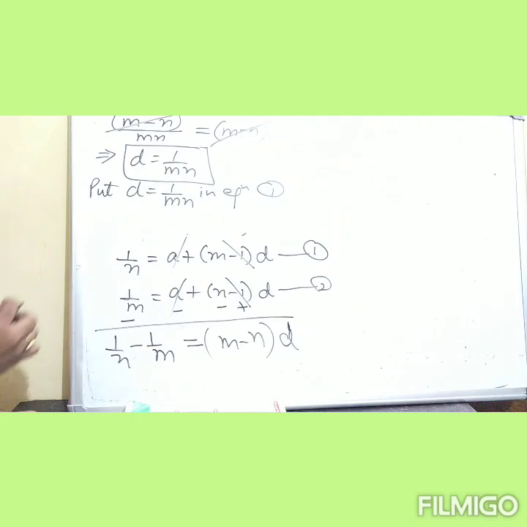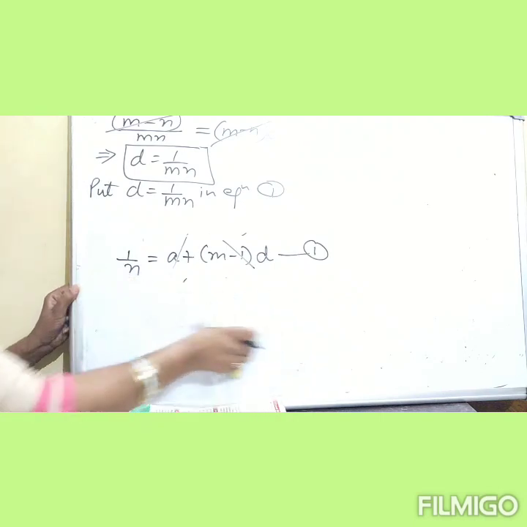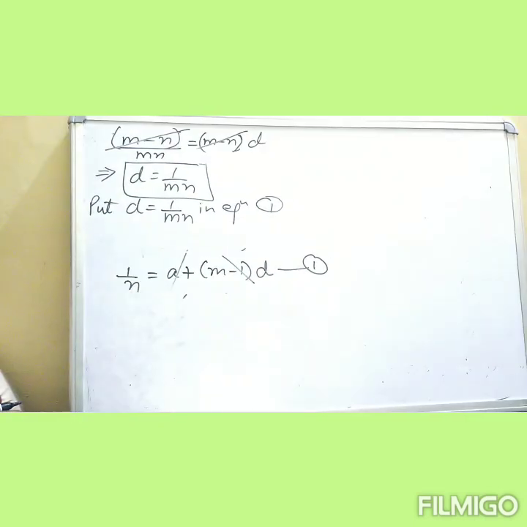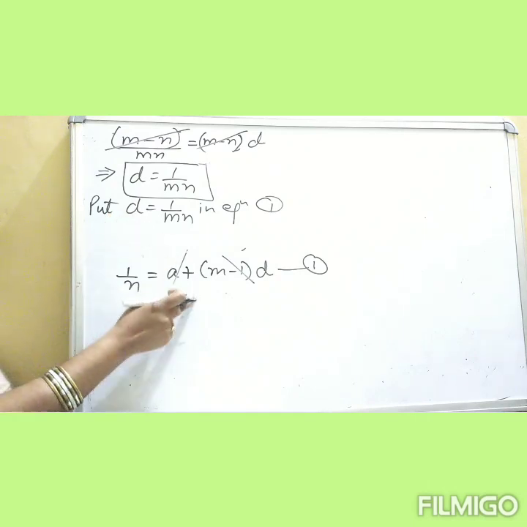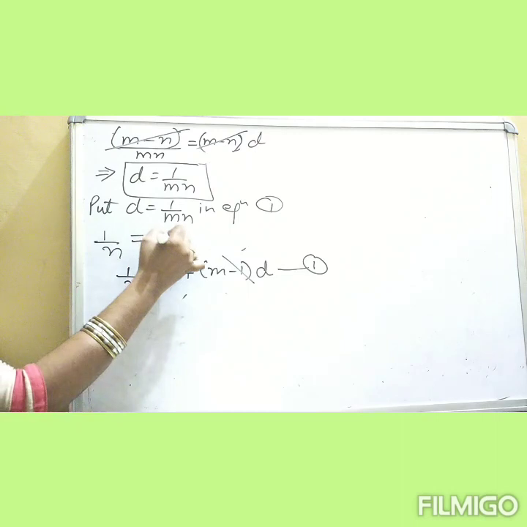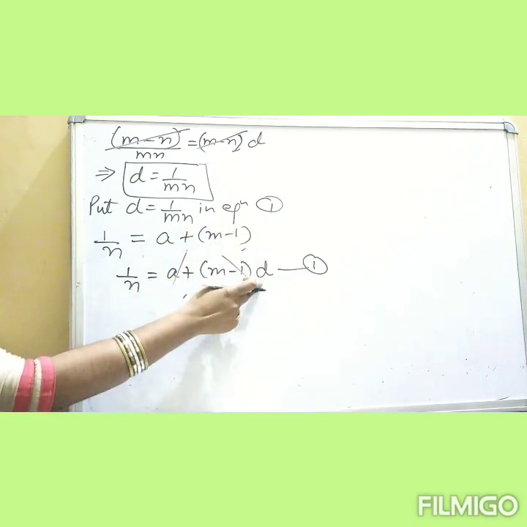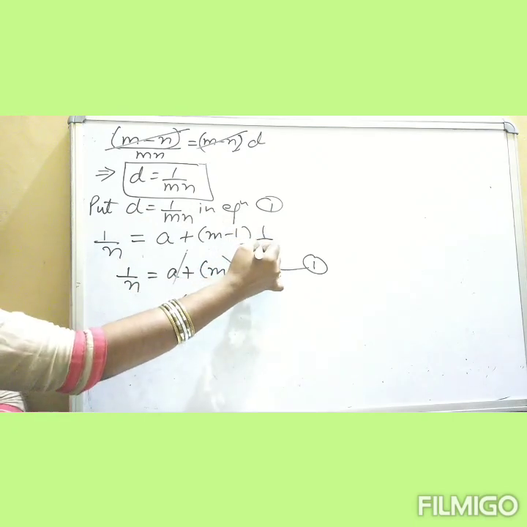Now if I put this value here, I will get 1 by n equal to a plus (m minus 1) and d is 1 by mn.